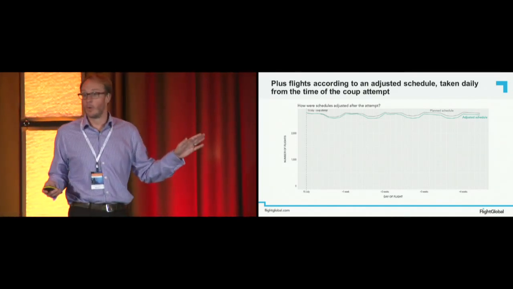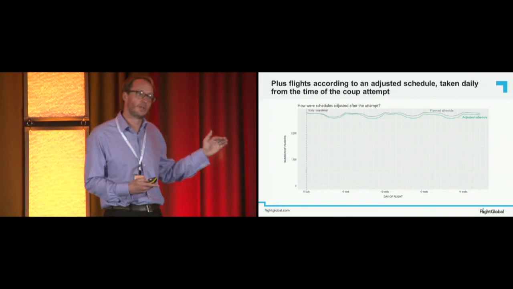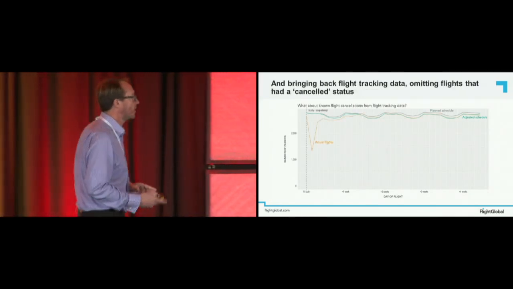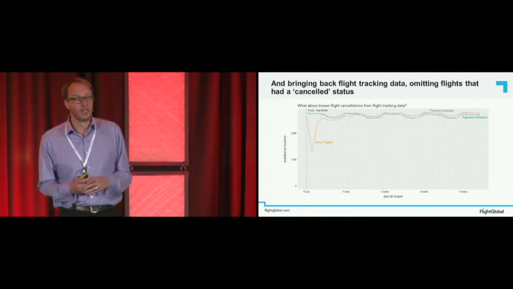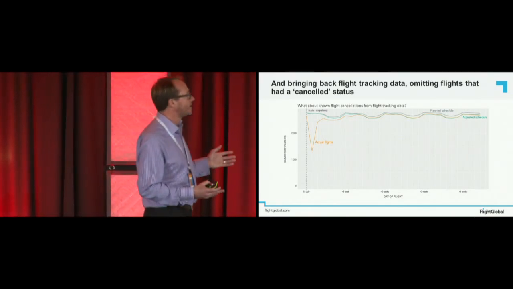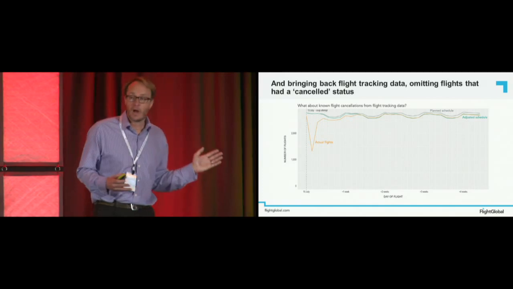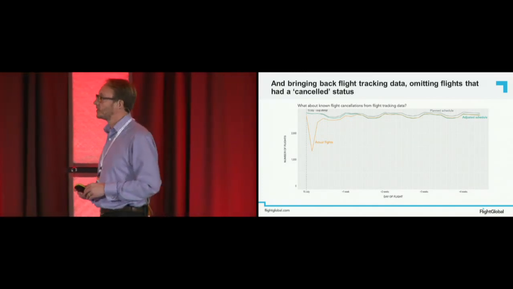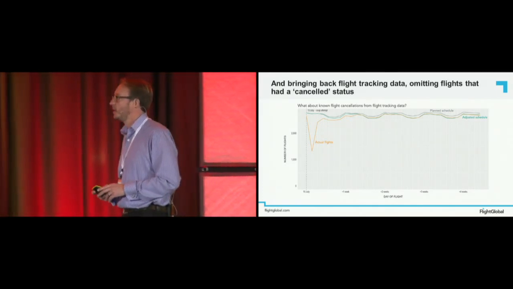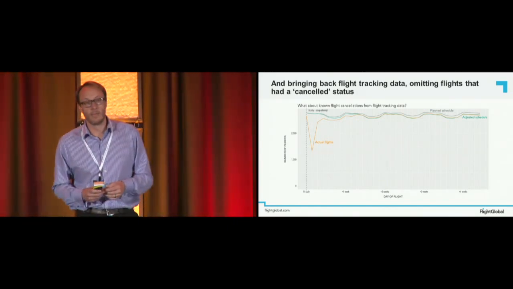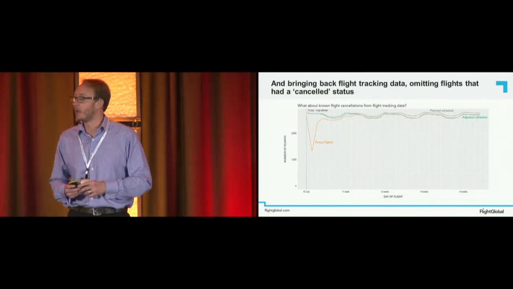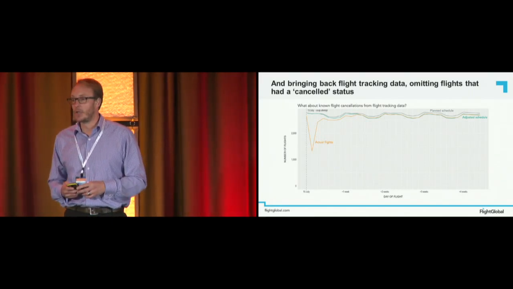So that's cool, that's pretty interesting. But it doesn't actually show us what happened. It just shows us the adjusted schedule versus the old schedule. So when you start to map that out, you can see that what actually happened is quite dramatic. So in the days following the coup, over half the number of flights are cancelled, half the amount of capacity gone. And it really takes another 10 days or so for what's actually happening in the sky to come back and match the new adjusted schedule.